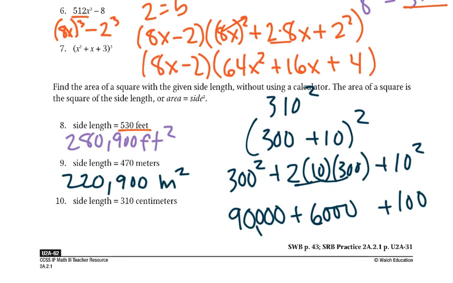Add those together, or would it be 60,000? No, 6,000. Trying to preempt a mistake there, so then it would just be 96,100 centimeters squared. And there we go, guys.